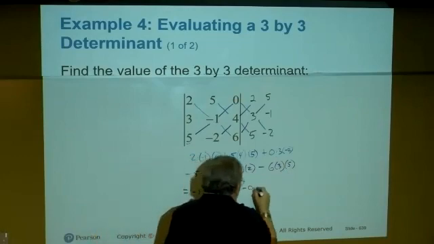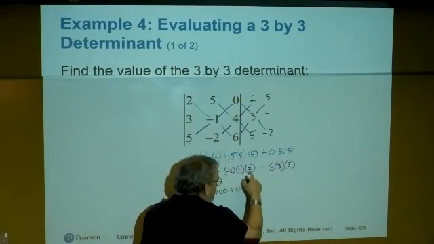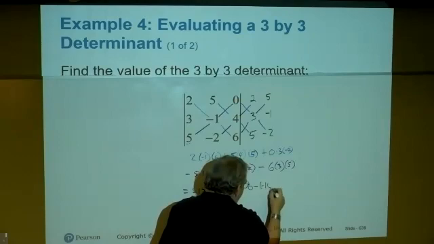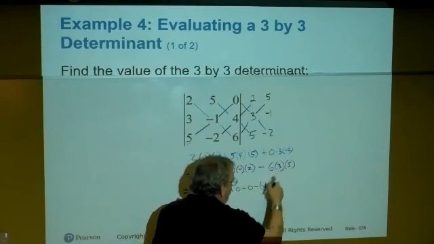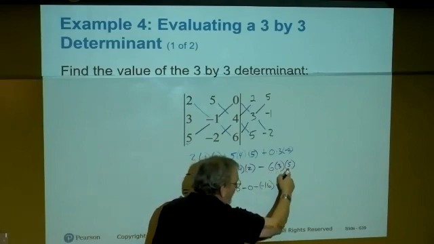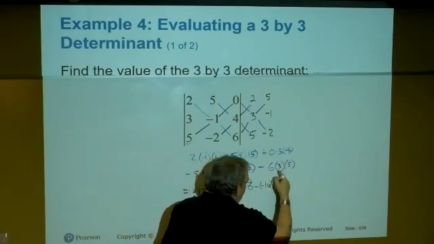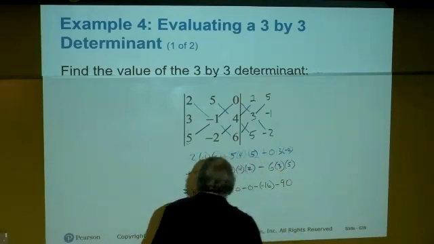And now I'm going to be subtracting a negative 2 times 4 times 2, which is a negative 16. And 6 times 5 is 30, and 30 times 3 is 90, so I'm subtracting 90.